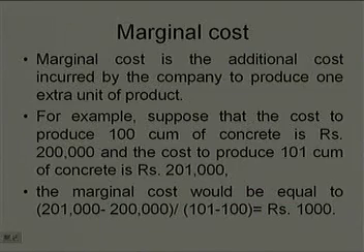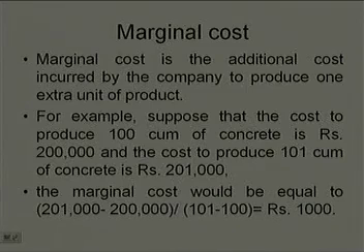Another example you can see in this particular slide. Suppose that the cost to produce 100 cubic meters of concrete is rupees 200,000 and the cost to produce 101 cubic meters of concrete is rupees 201,000. So, what is the marginal cost? The marginal cost to increase the production from 100 cubic meters to 101 cubic meters would be rupees 1000.